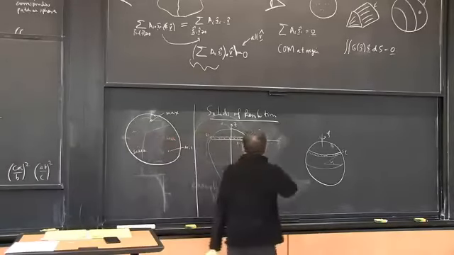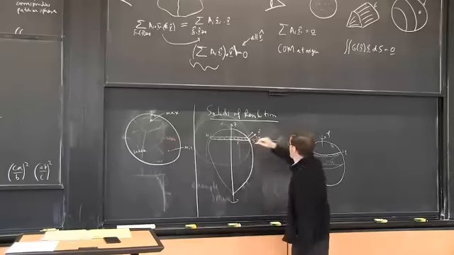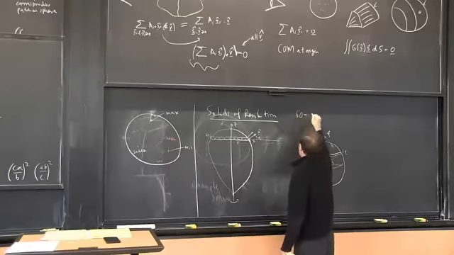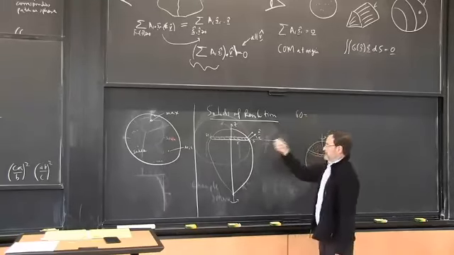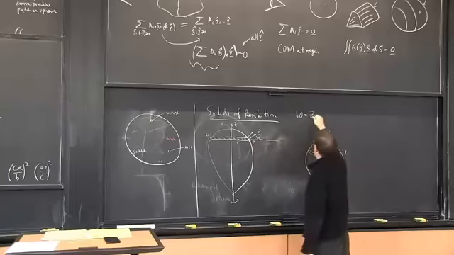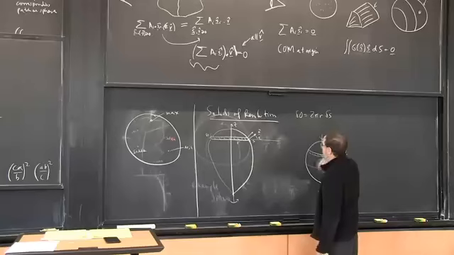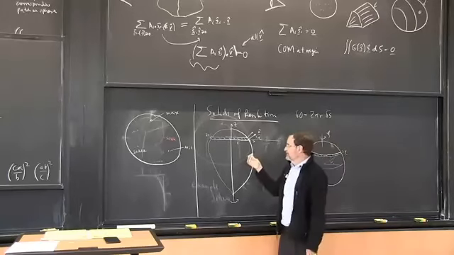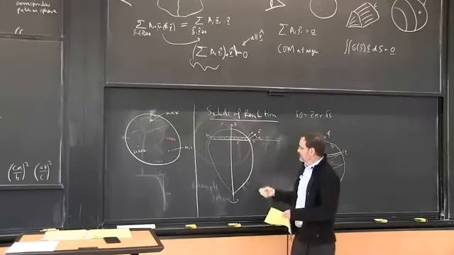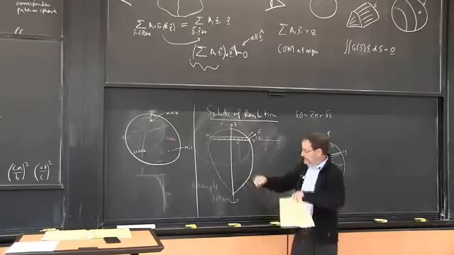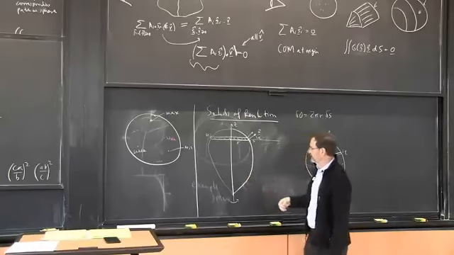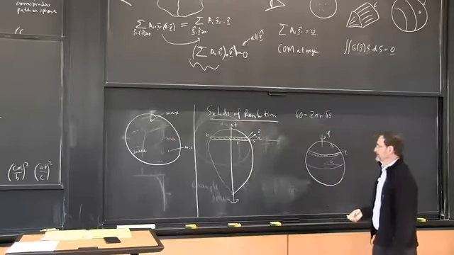Okay, so we need the area of this band. The area of the object band is 2 pi times r times the width of the band, delta S. Right, and it may not be obvious, but we could take this band, cut it and lay it out in the plane and measure it, and this is what you'd get.